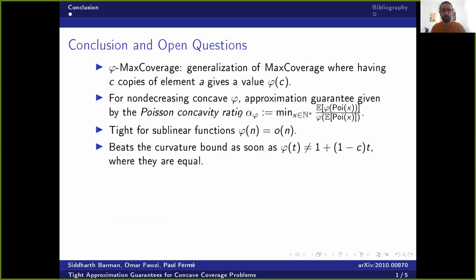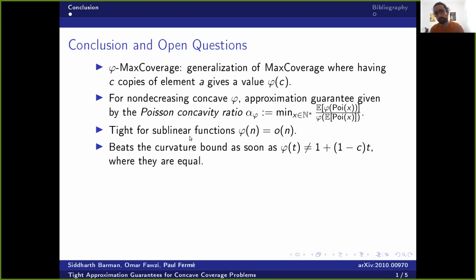Okay, so to conclude, we presented here the phi max coverage problem, which is a generalization of the maximum coverage, where having C copies of an element gives the value phi of C. And we've shown that for non-decreasing concave phi, we've got an approximation guarantee given by this Poisson concavity ratio, which is the minimum of the expectation of phi of Poisson of x over phi of the expectation of Poisson of x.